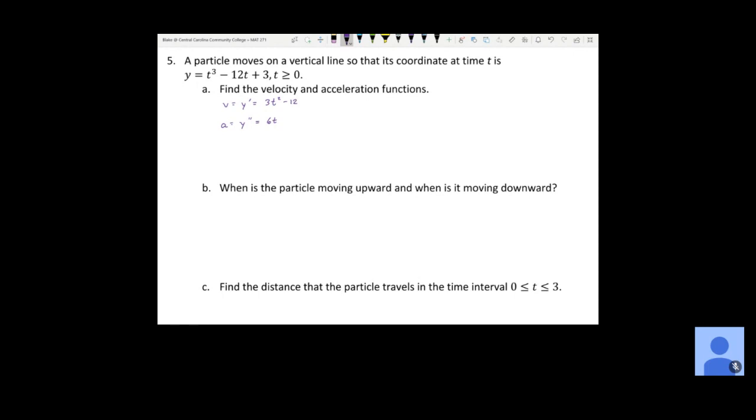All right, now part B. We want to know when the particle is moving up and when it is moving down. How are we going to figure that out? All right, so what are we going to be setting equal to 0 here, though?